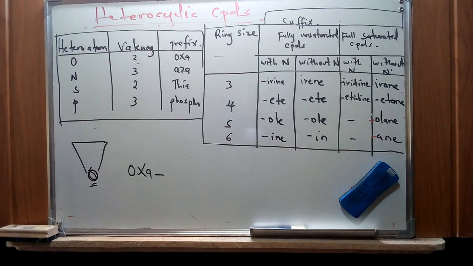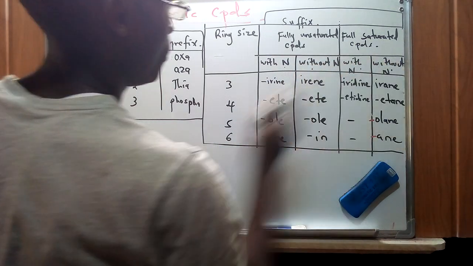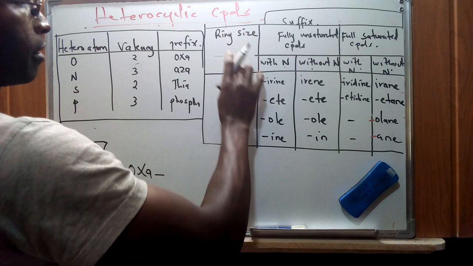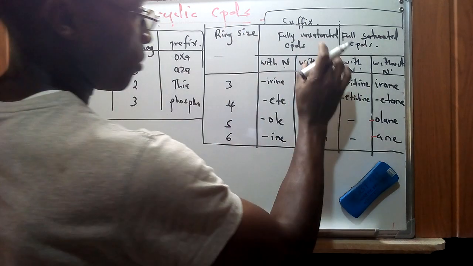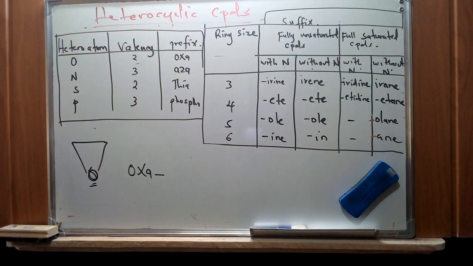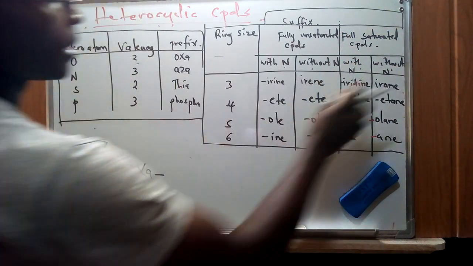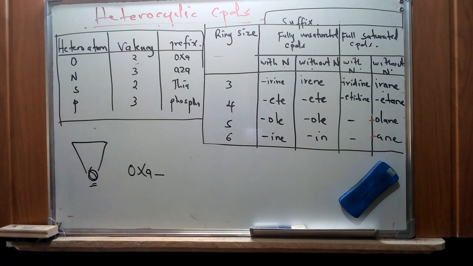And then next, it does not contain an N. So bearing in mind that this is the first row for the ring size, and this is the second row, with nitrogen or without, for the two tables. If we select the fully saturated compounds, then we consider without nitrogen, and it's going to give us the suffix irane.